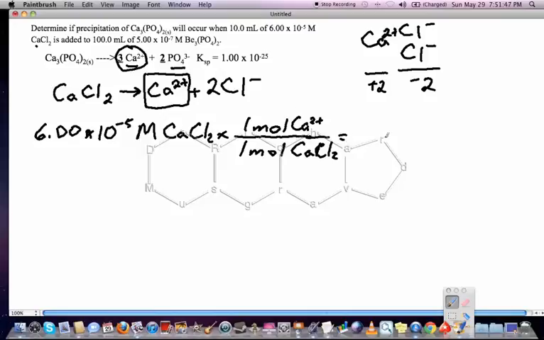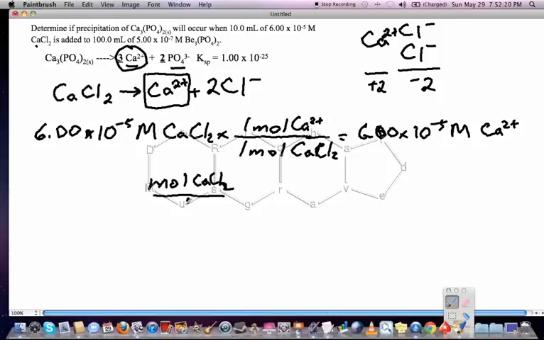And that gives us 6.00 times 10 to the negative 5 molar Ca2+. Now the way this works out, I'm just going to concentrate on the units here. You've got moles of CaCl2 per litre. That's what the M is over here.